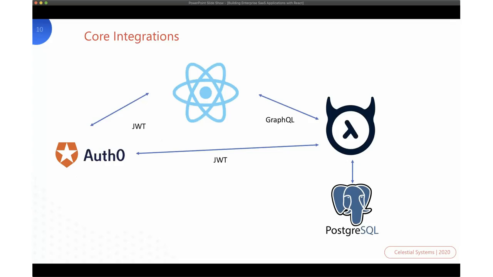So what are our core integrations that we provide? As I mentioned a second ago, we're using Auth0 for authentication. Because GraphQL is a pretty cool technology, we wanted to provide an out-of-the-box example that included GraphQL because it's a great aggregator and entry point for enterprise application data.